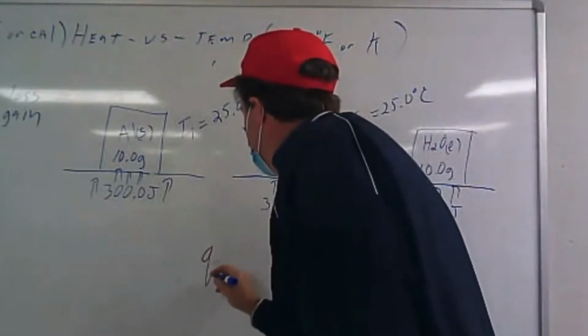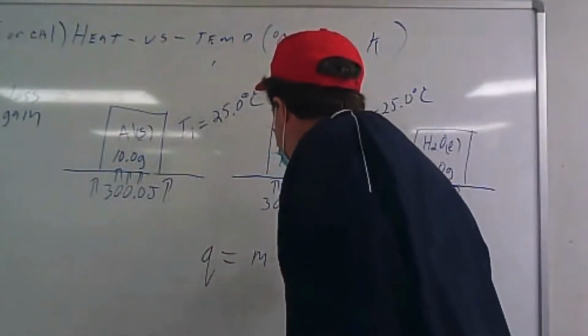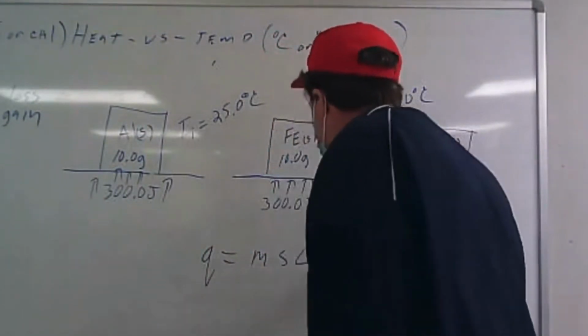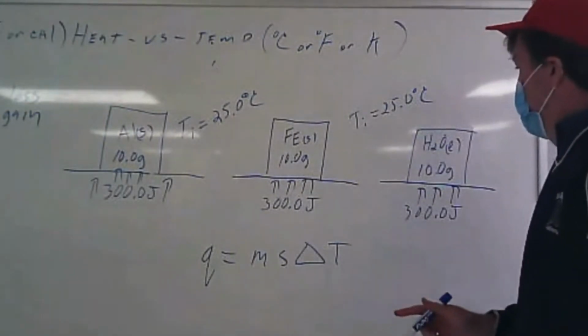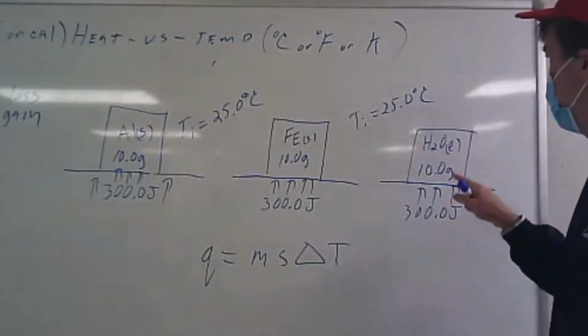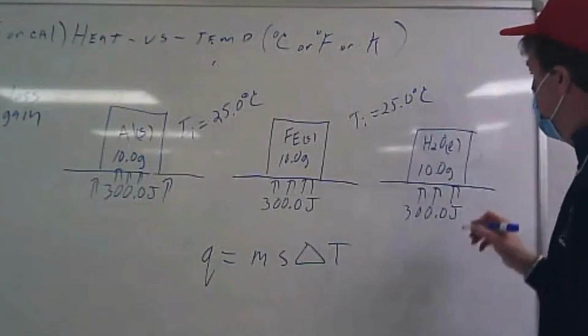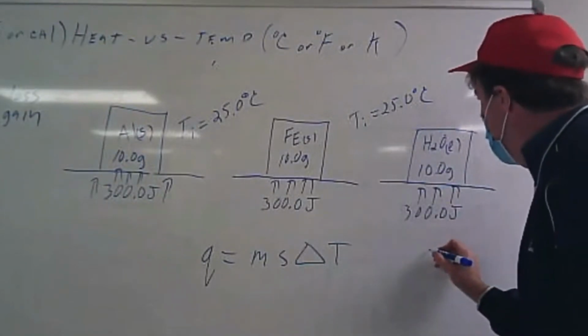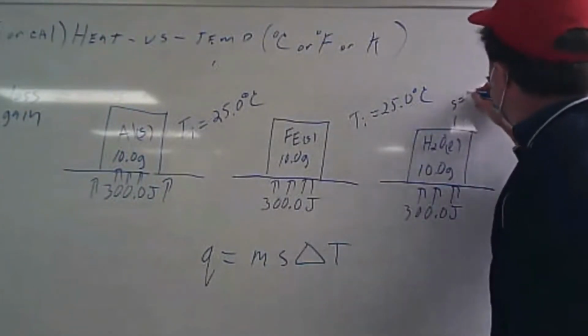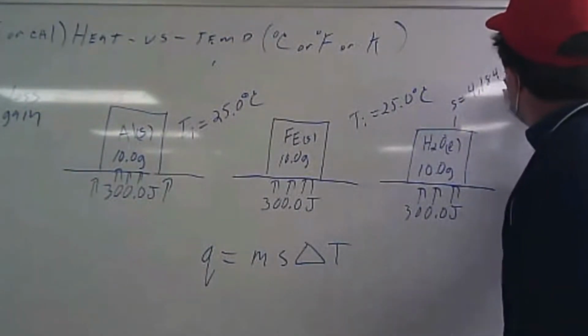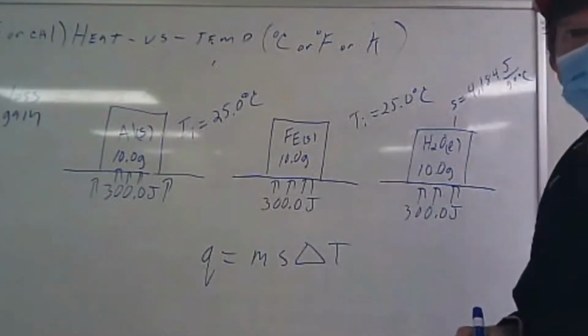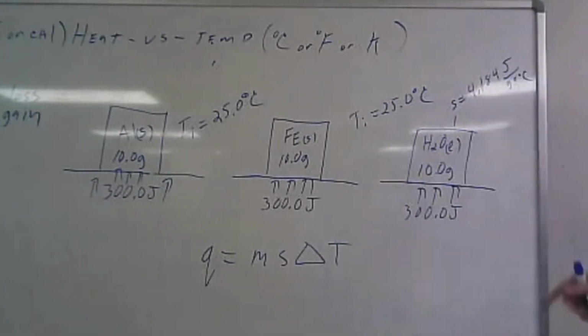Here's our famous formula. It's famous now. Q equals m s delta T. Okay. Let's see. We need to get the specific heat values here. So S equals 4.184 joules per gram times degrees C for water.